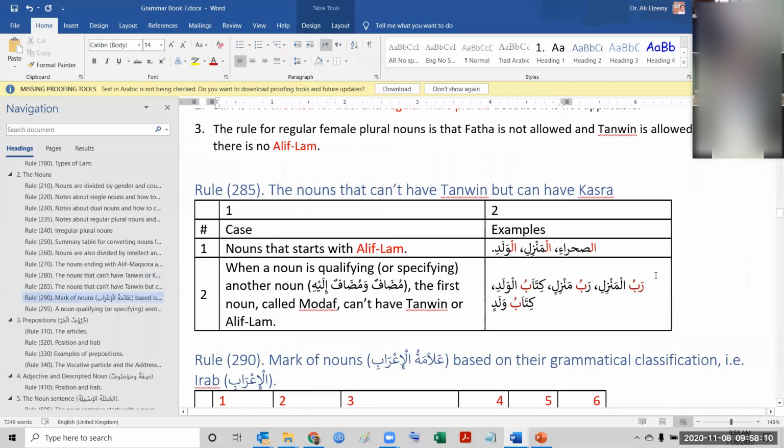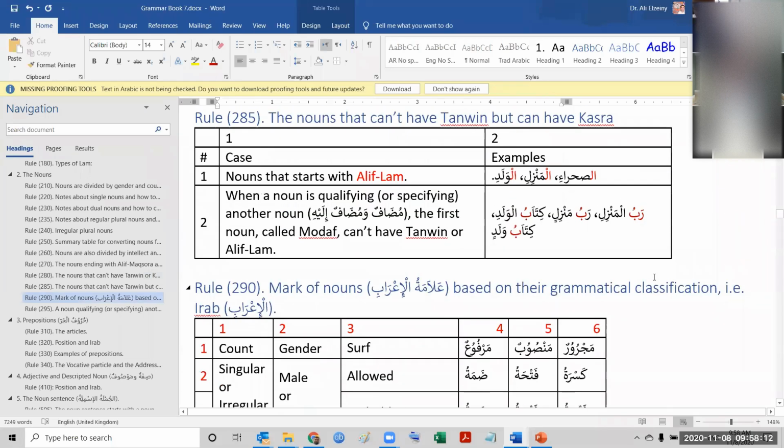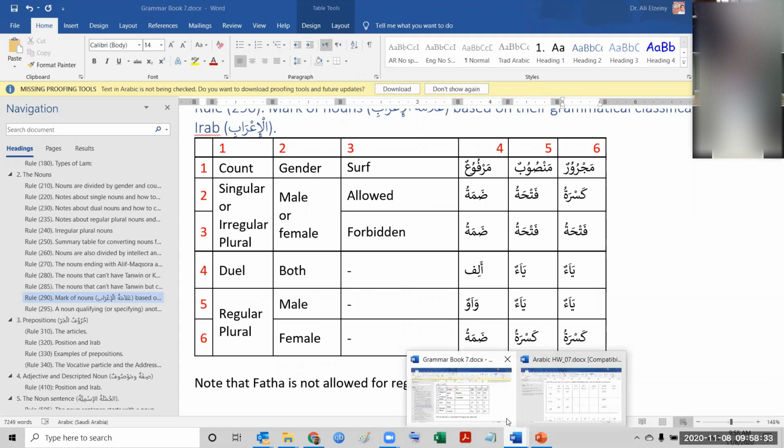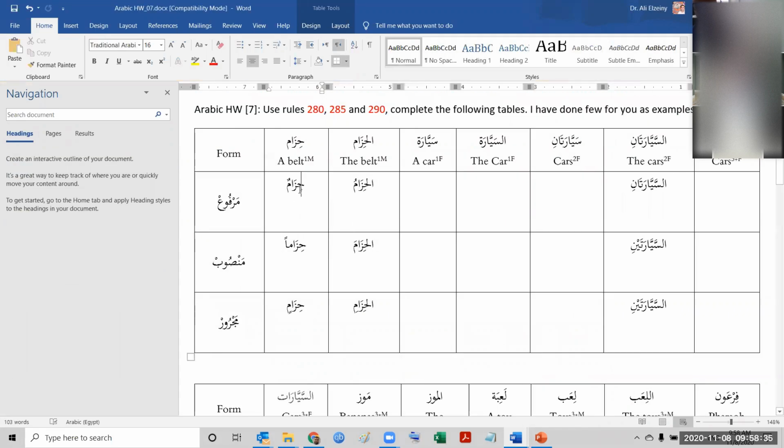Therefore, sarf is allowed. So ضمة is for مرفوع, فتحة is for منصوب, كسرة is for مجرور. So we go back here and we've determined this is going to be ضمة, this فتحة, this كسرة.